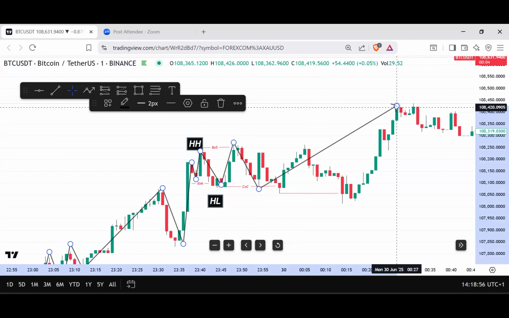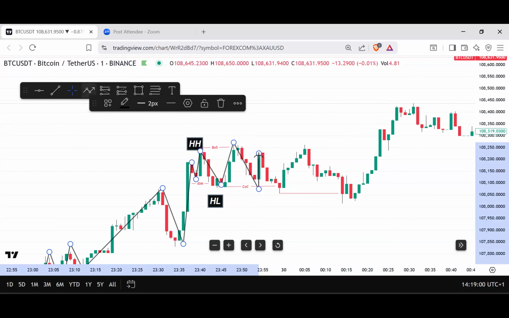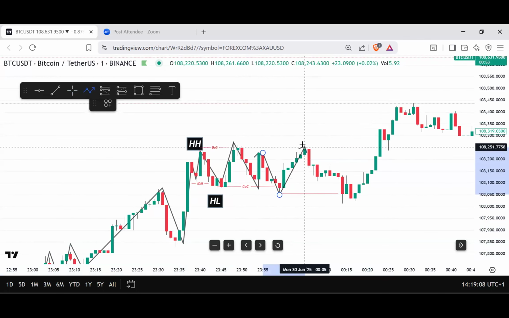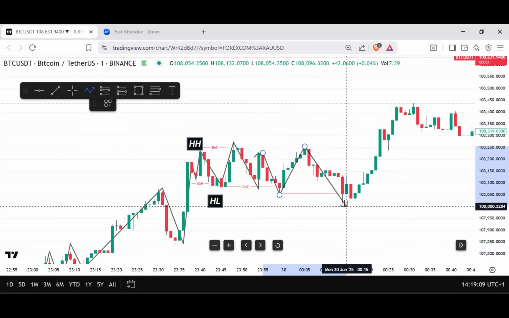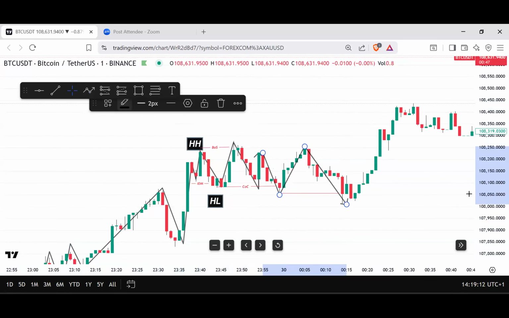Yeah, we had something like this. It's like it's going to change, and it went like this, as if it wants to form the break of structure.